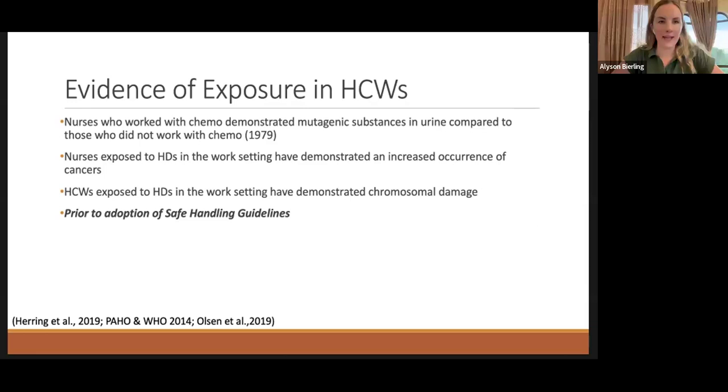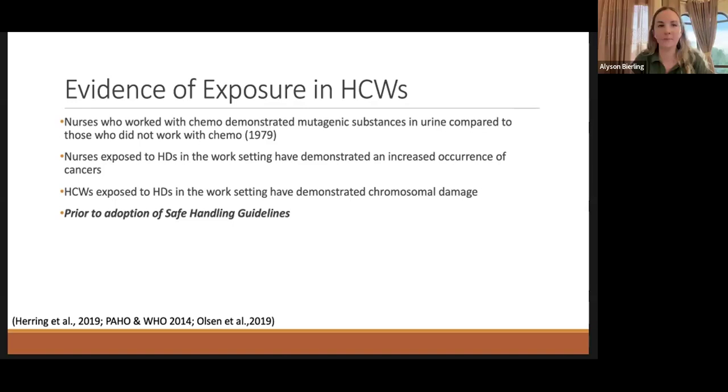But eventually, various studies demonstrated some of the risks of workplace exposure. And so at that point, safe handling measures were implemented, and that has evolved over time. So here are some examples of findings from these studies.